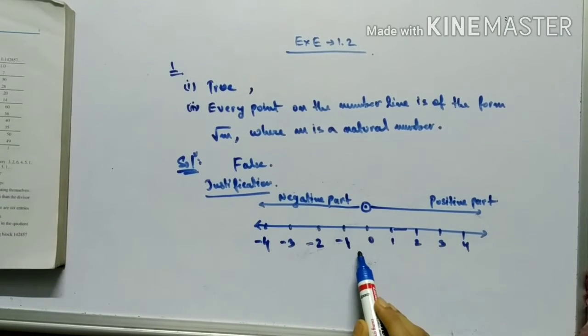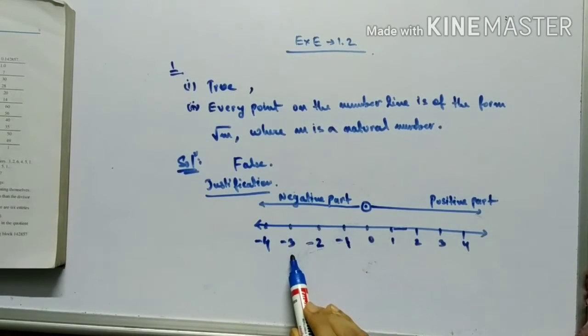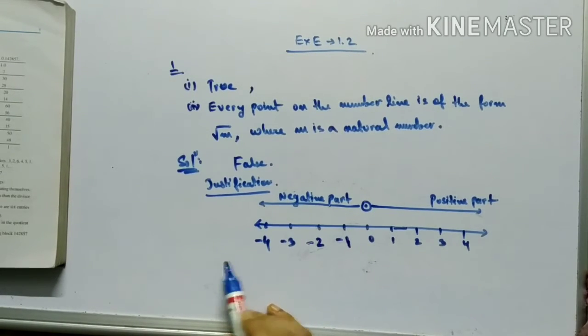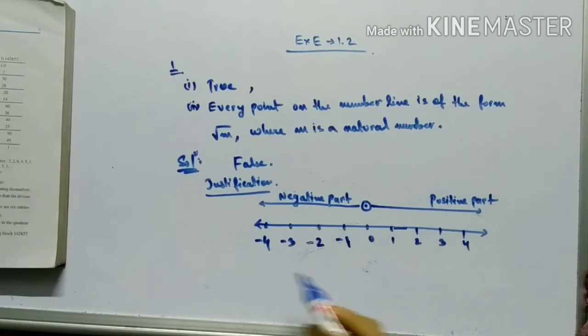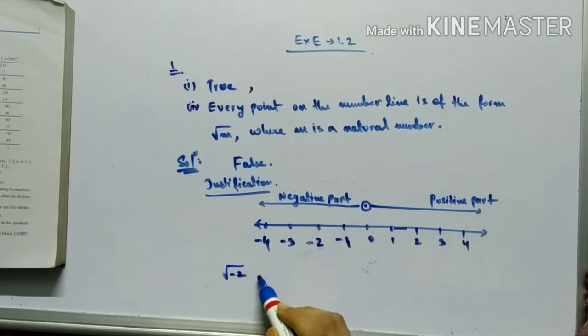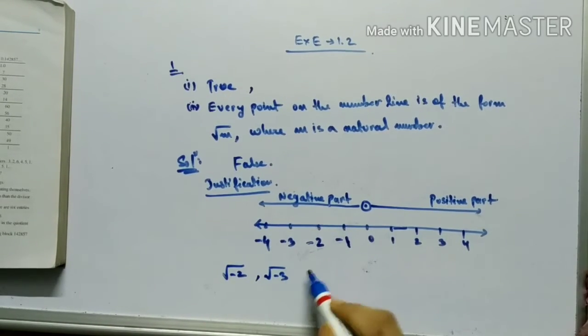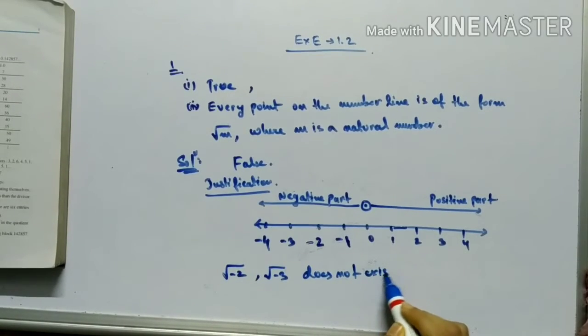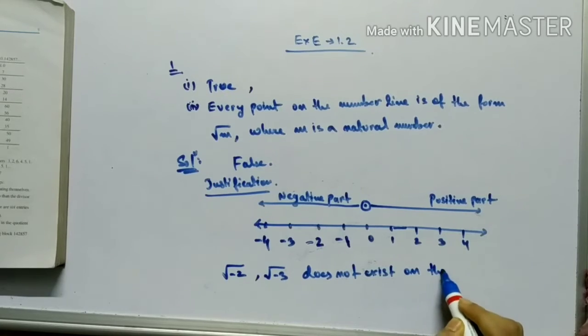So the square root of a negative number does not exist on a number line. You can write that square root of negative 2, square root of negative 3 does not exist on the number line.